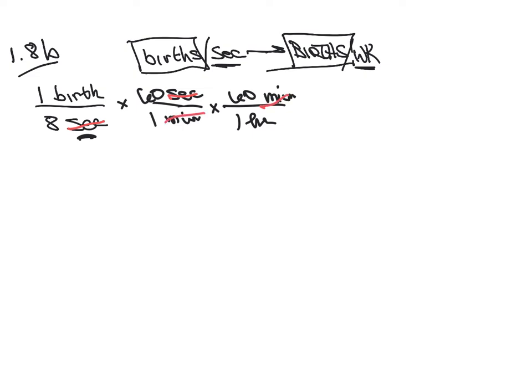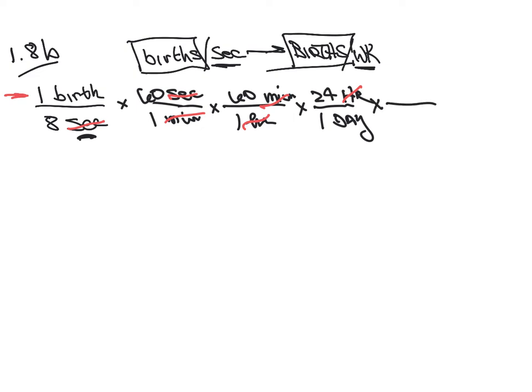So now I'm to the point where I could find out how many births per hour, but I need to keep going if I'm going to try to find weeks. What do I know? Okay, hours goes on top. What do I know about hours and weeks? I don't, but I do know that there's 24 hours in 1 day. And then I cross that out with that. Then I go here to here.